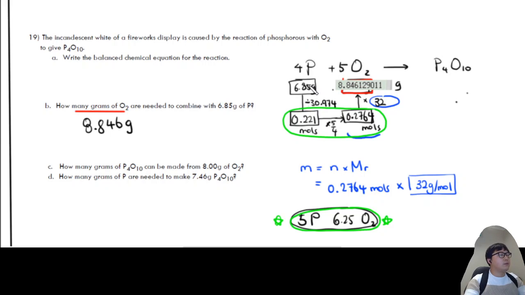So we had to convert that into moles by dividing by the molar mass, and then use this technique that we used here. So this is 4 to 5. This is 0.221 to 0.2764. This is 5 to 6.25. They're all the same ratio. This is a 4 to 5 ratio, this is also 4 to 5, and this is also 4 to 5, believe it or not.